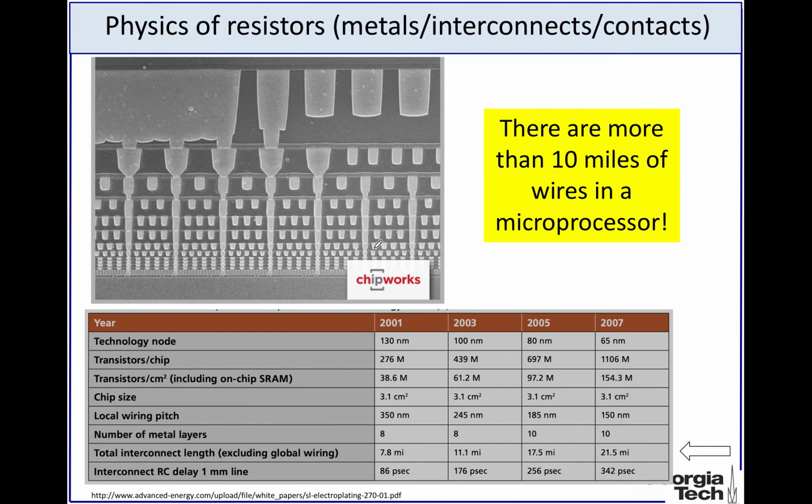What is interesting is that if you look at different generations of microprocessors, you will see that the total length of wires in a microprocessor is humongous. For example, in the 2007 generation of microprocessors, there were around 21.5 miles of interconnects in a small microprocessor chip. Alright, so with that fun fact, let's end this talk.